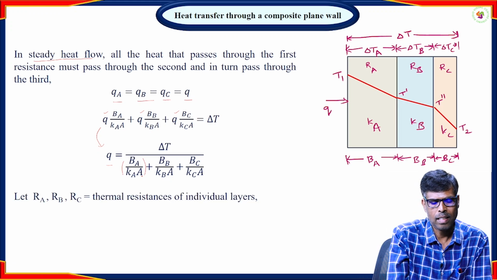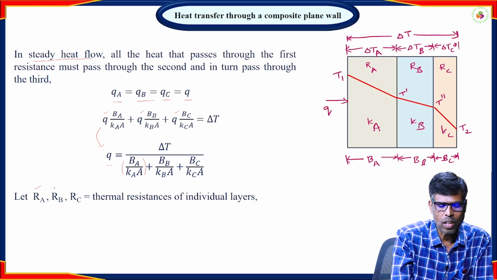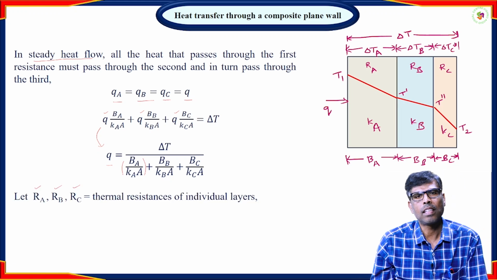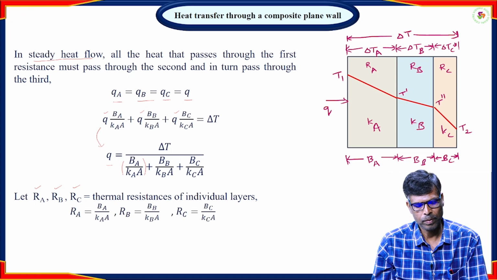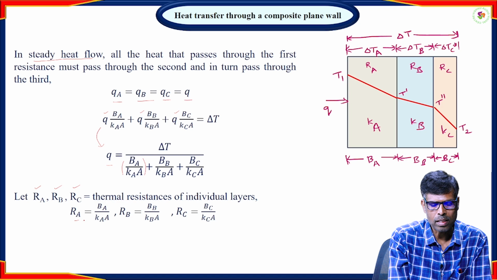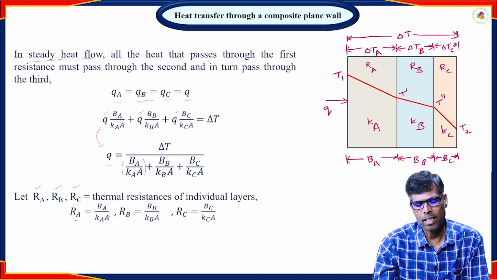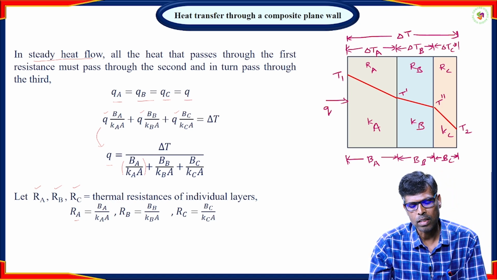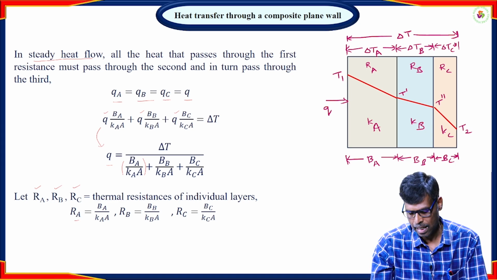Let RA, RB and RC be the thermal resistances of the individual layers. Then RA is equal to BA by KA A, RB is equal to BB by KB A, and RC is equal to BC by KC A.